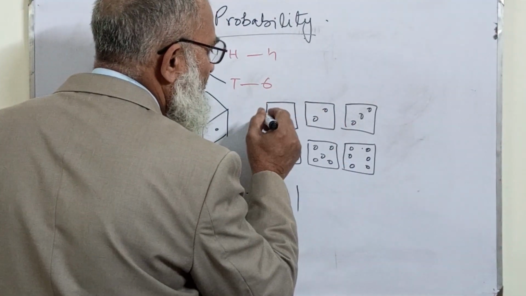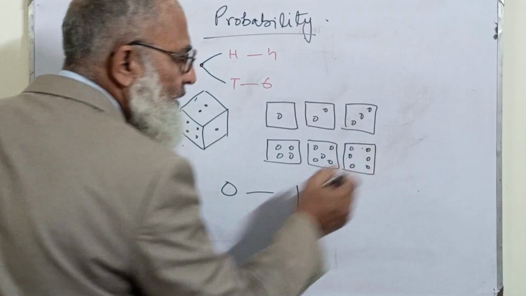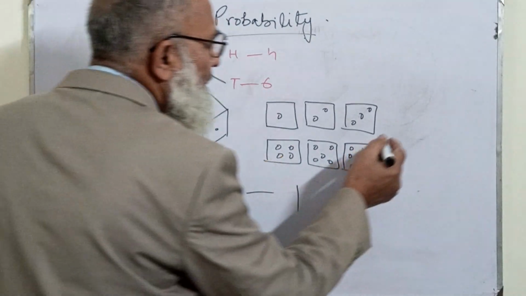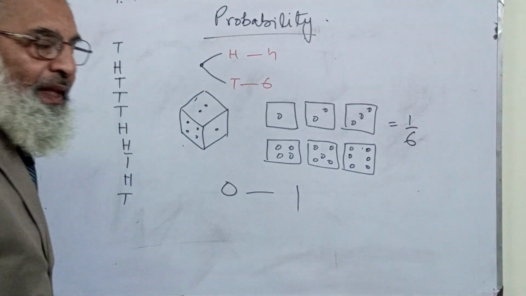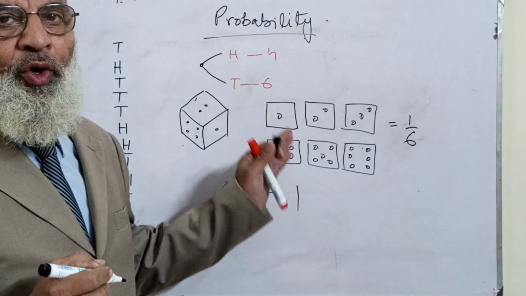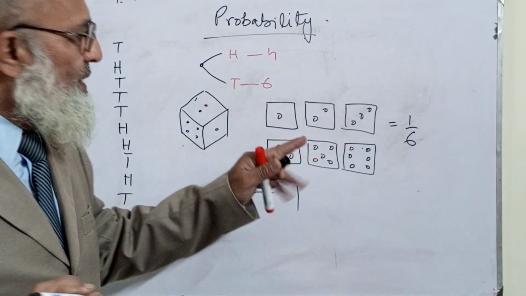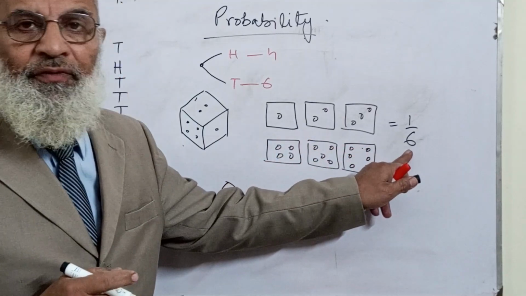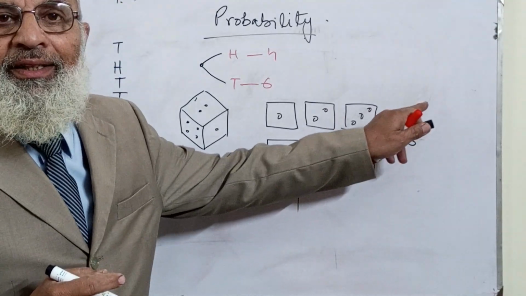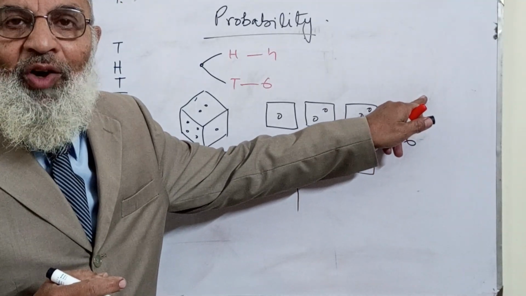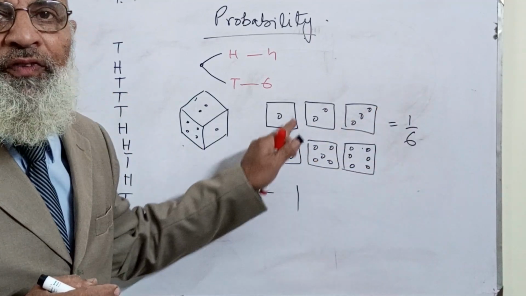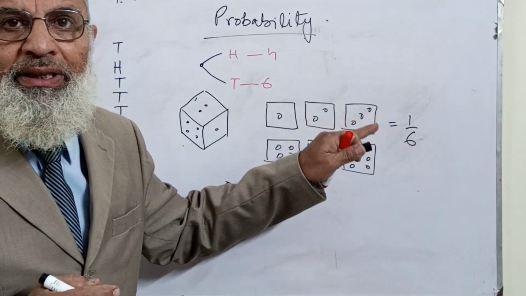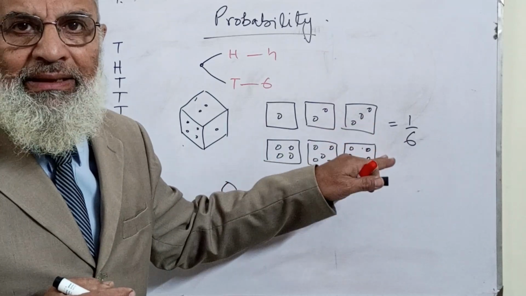So there are 6 faces, 1, 2, 3, 4, 5, 6 faces. So each face has an equal chance of coming. The probability of each face is one divided by the total number of faces which are on the dice.